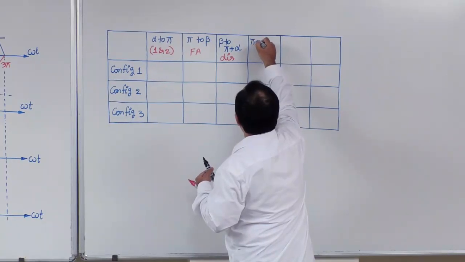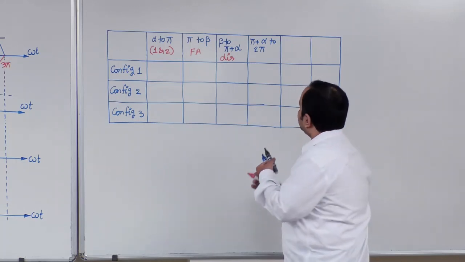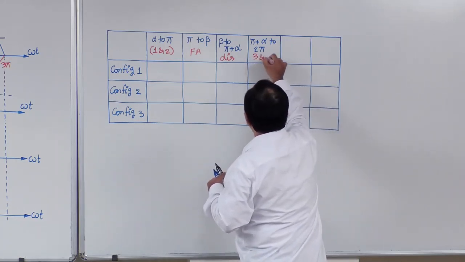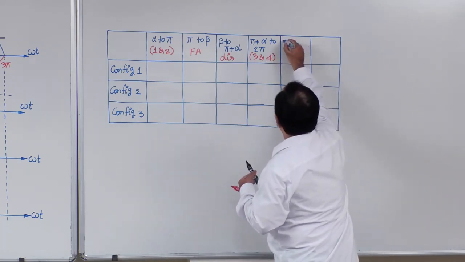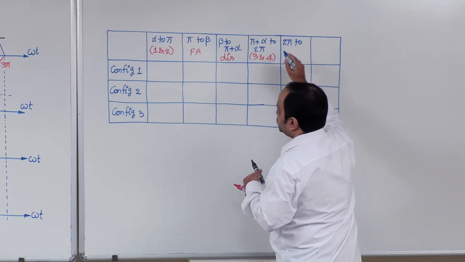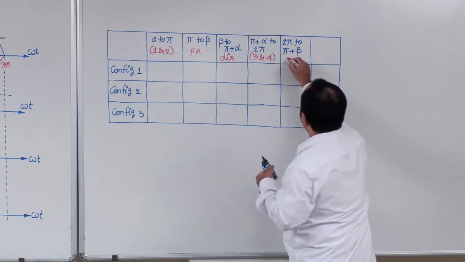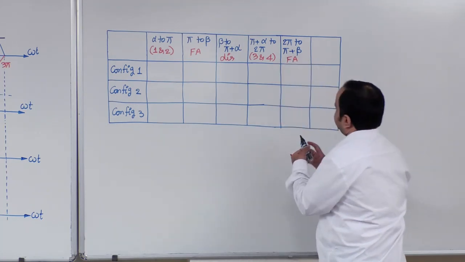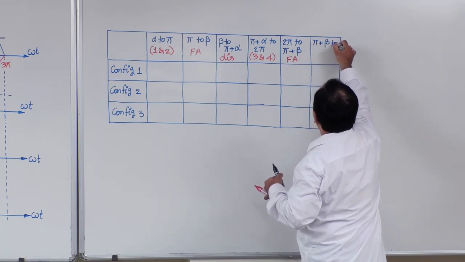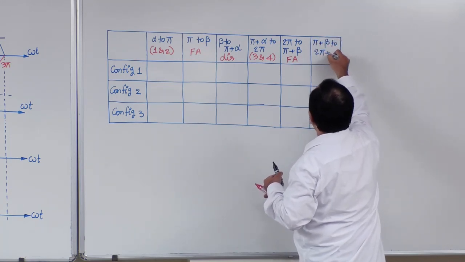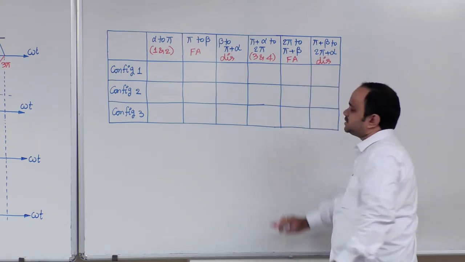Next, pi plus alpha to 2 pi, third and fourth position devices are in conduction. Next, 2 pi to pi plus beta, it was freewheeling action. Next, pi plus beta to 2 pi plus alpha, this is discontinuous conduction.